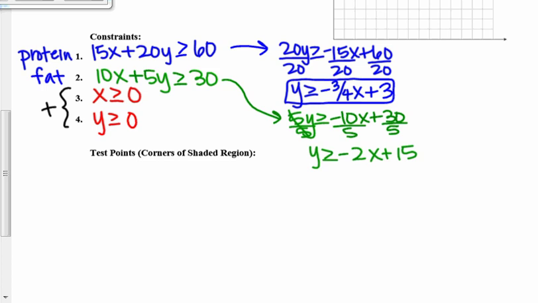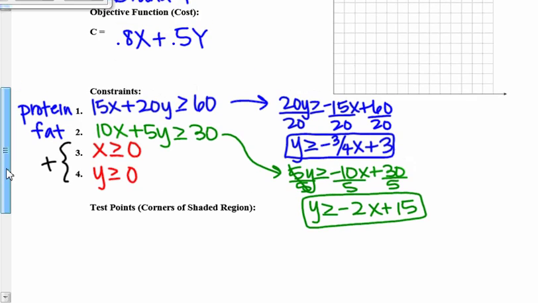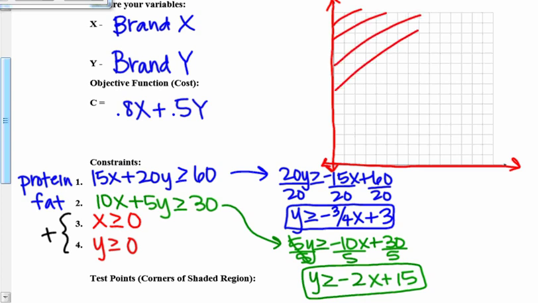Okay. So the highest y value that I have here is 15 from my equations. So I'm just going to go ahead and count by ones on this graph, make it easy on myself, because I can. So I'm going to go ahead and start by doing the easy ones. Y and x both have to be greater than 0. Graphing my lines. Basically, anything positive on this graph is fair game. So anything up here.